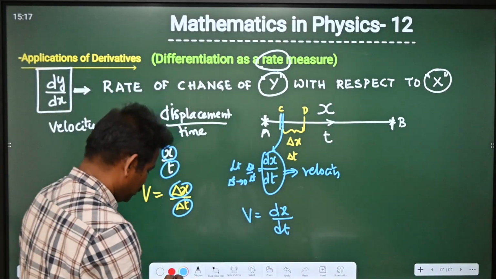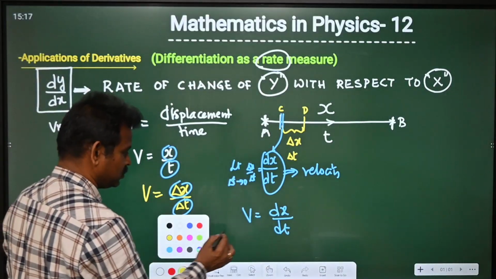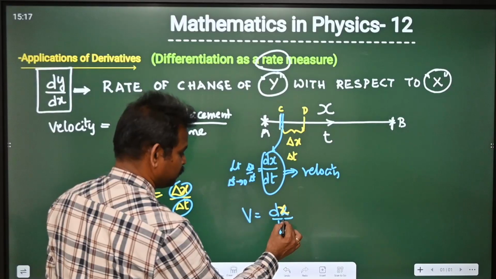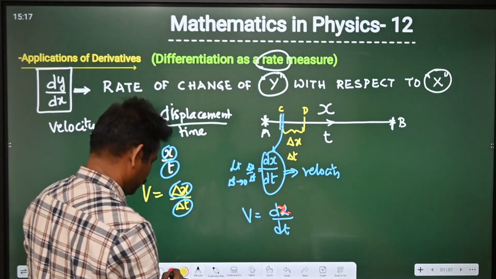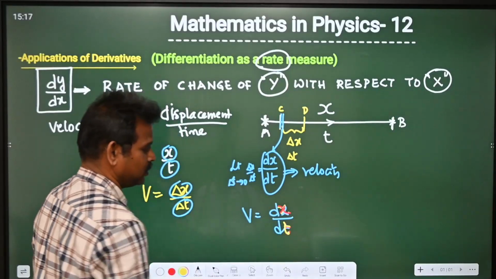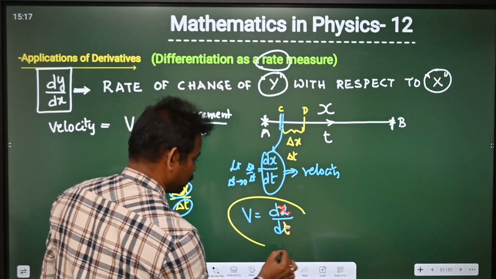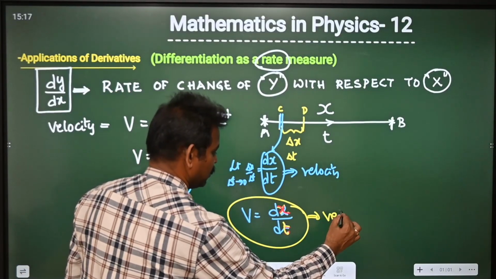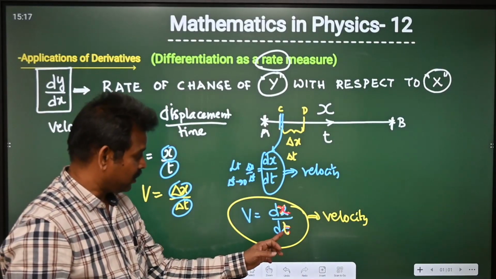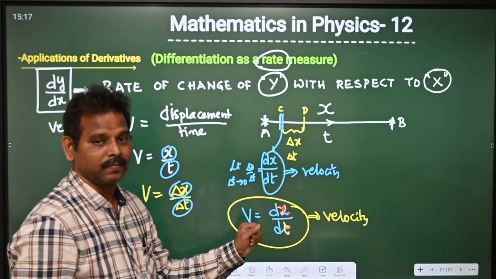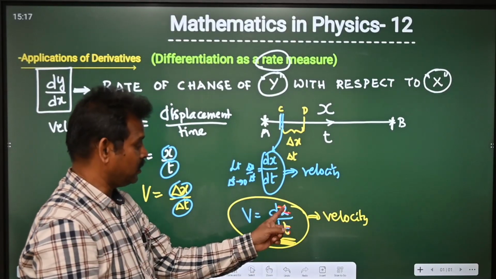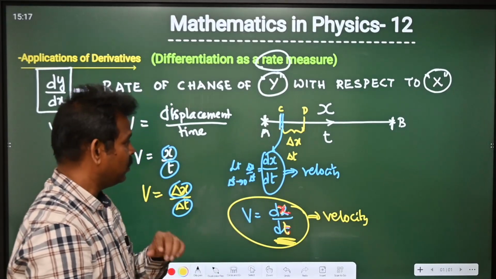How the value of x is changing with respect to time. So this is called velocity. At what rate x is changing, that we call velocity.